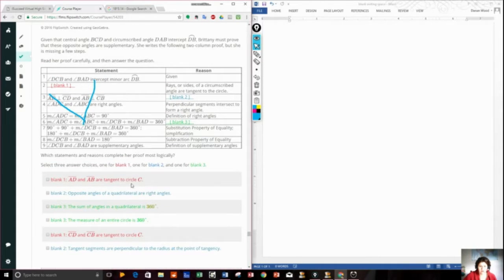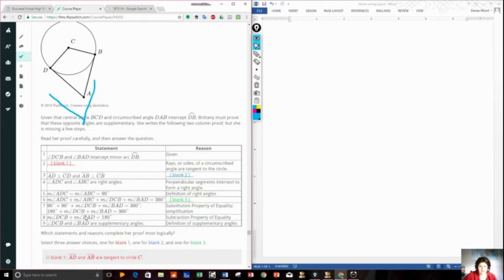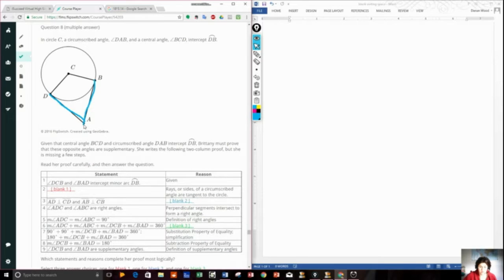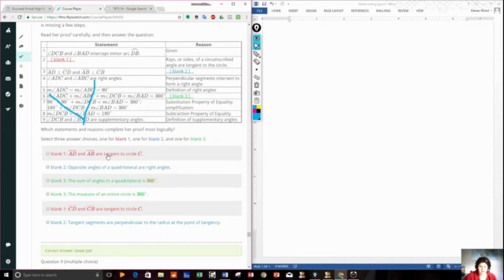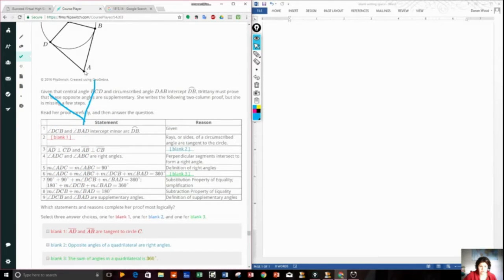So blank 1: AD is one side and AB is the other side, and they are tangent to the circle at CD and CB. Our circumscribed point is A, so that is our blank for blank one.